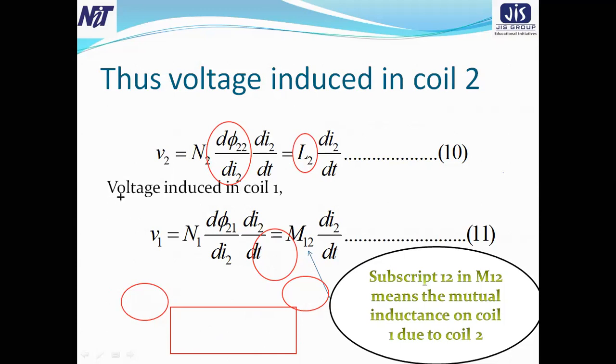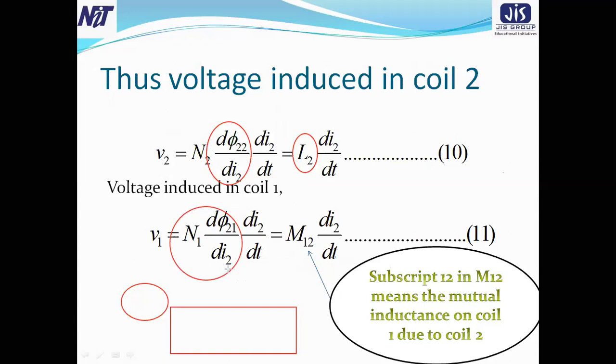Equation number 2, and the voltage induced in coil 1 for this case. So what will be the value of V1 for this case? This should be N1 dφ21/di2 di2 dt. What is this?